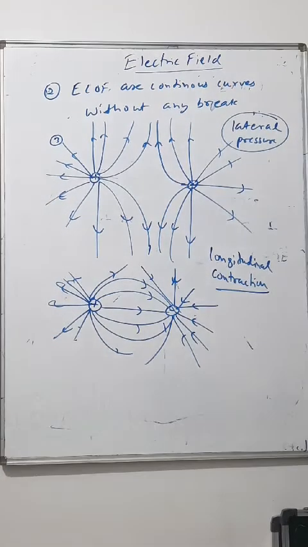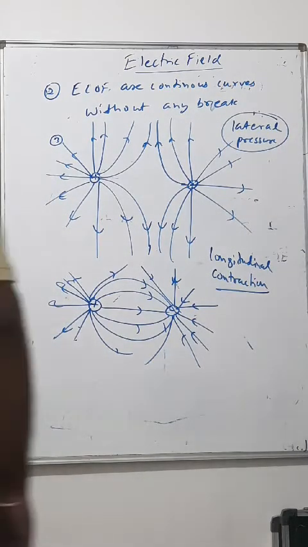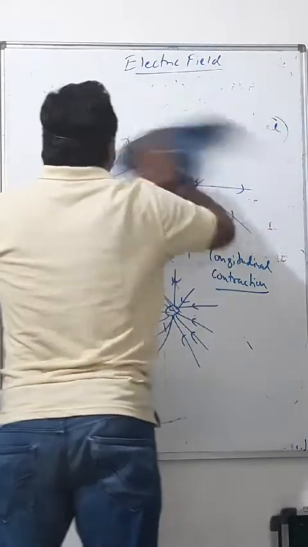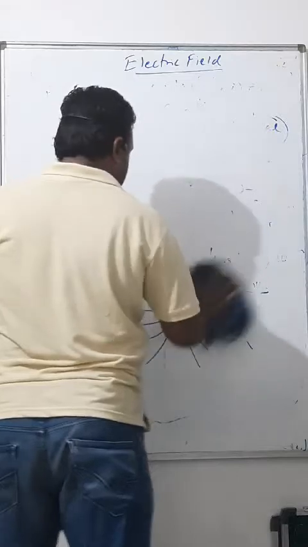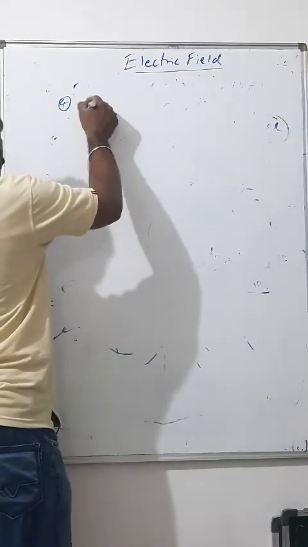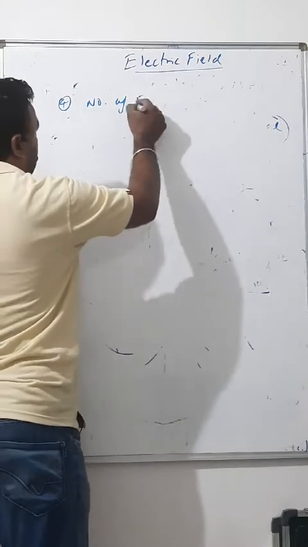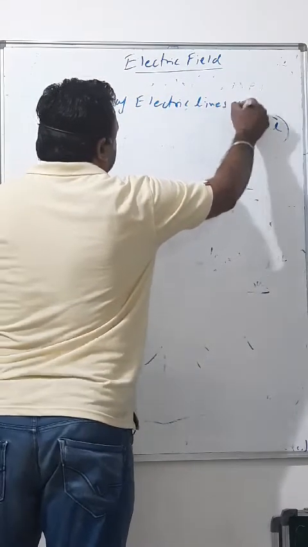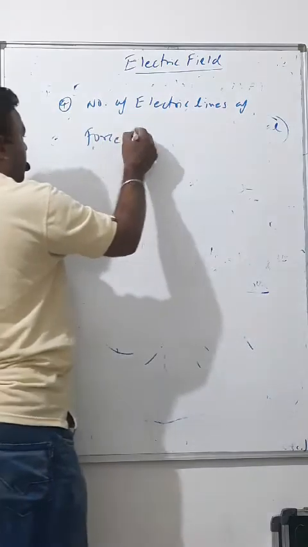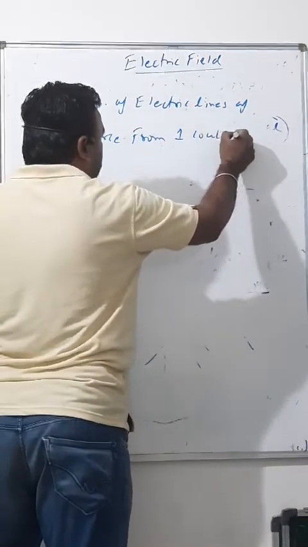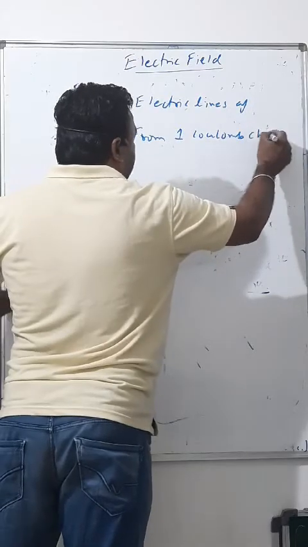Now, the next property I'll talk about, the fourth one: the number of electric lines of force from 1 coulomb charge.